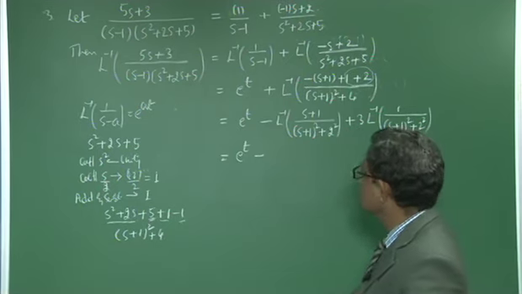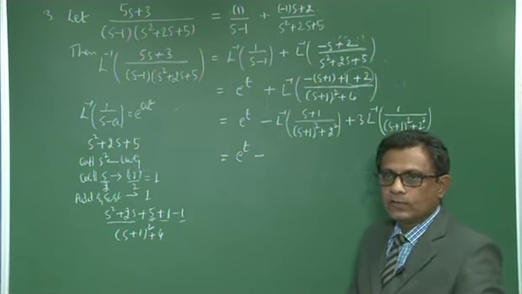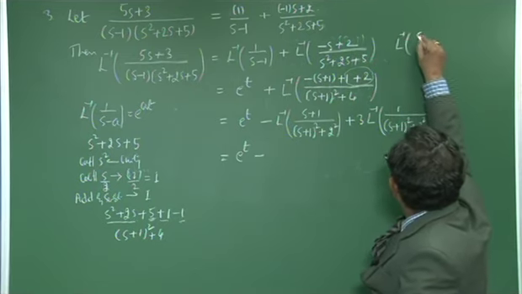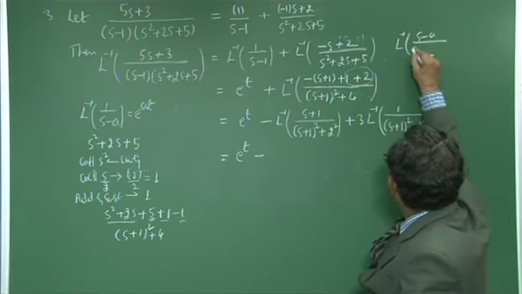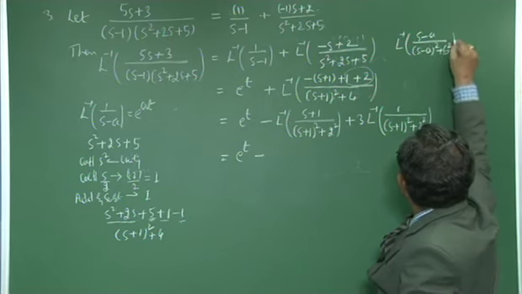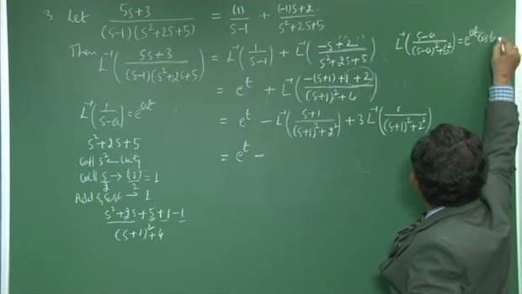By using the first shifting property, we learnt 5 formulas. Out of them, one is L inverse of s minus a divided by s minus a whole square plus b square, it is e raised to at cos bt.